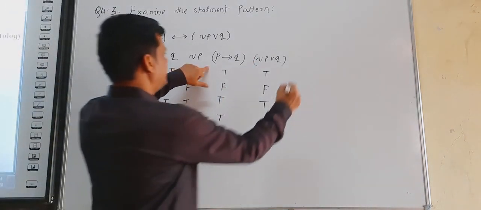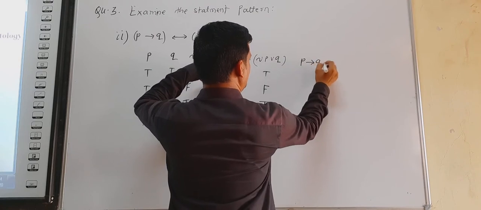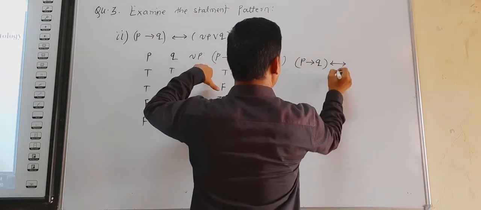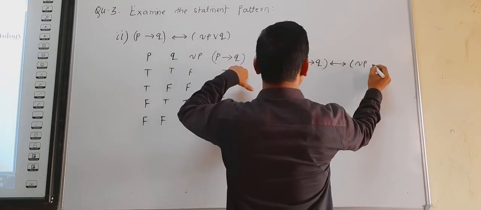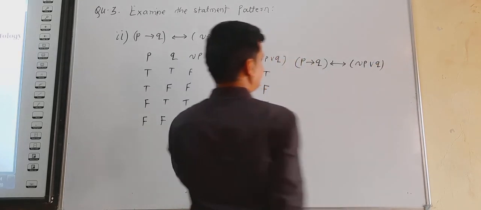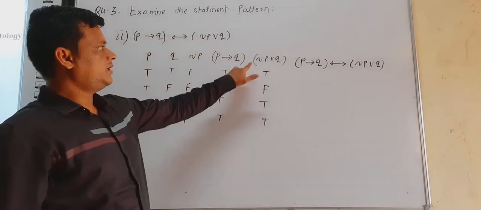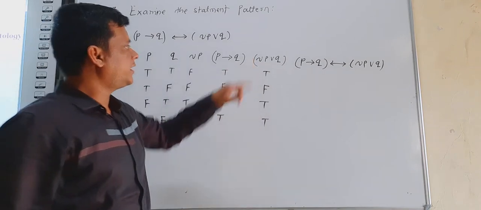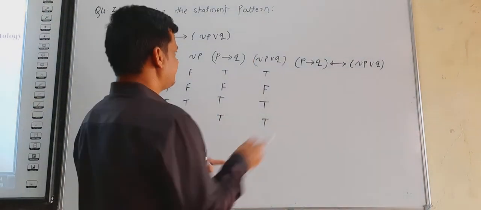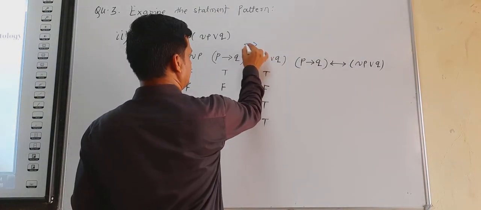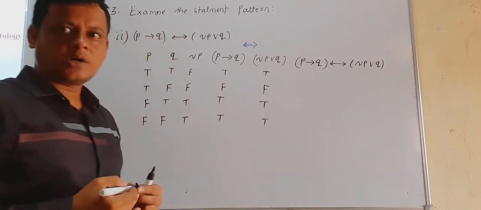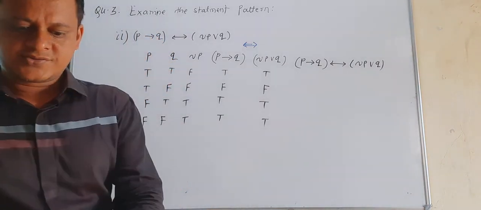Last, P implies Q, double implies negation P or Q. Here is double implication between these two columns. Rule for double implication is simple.